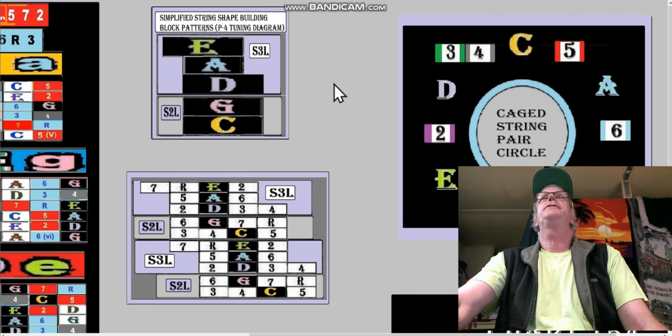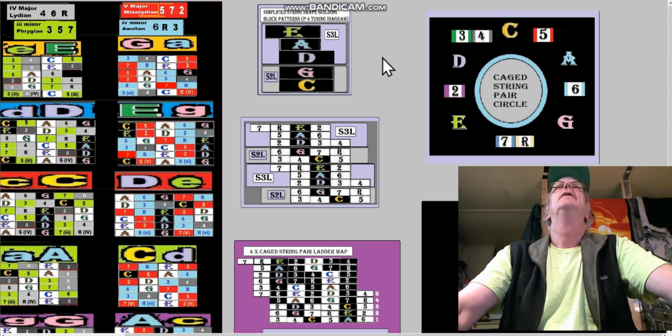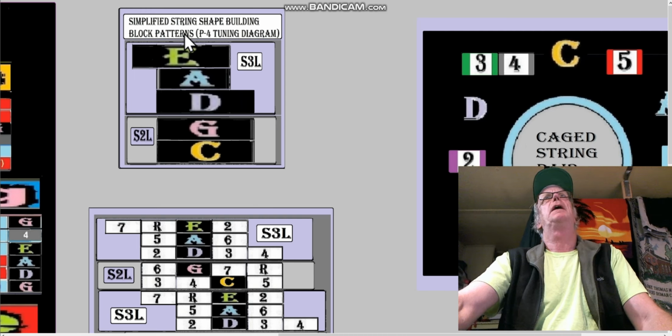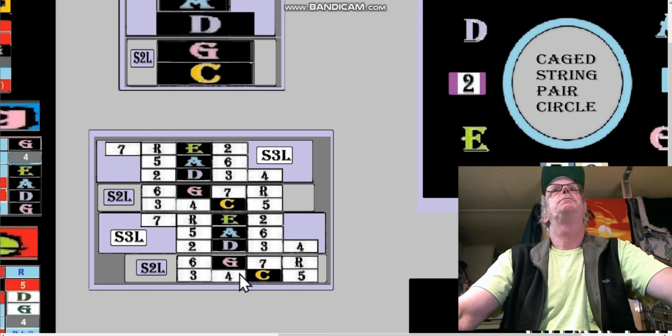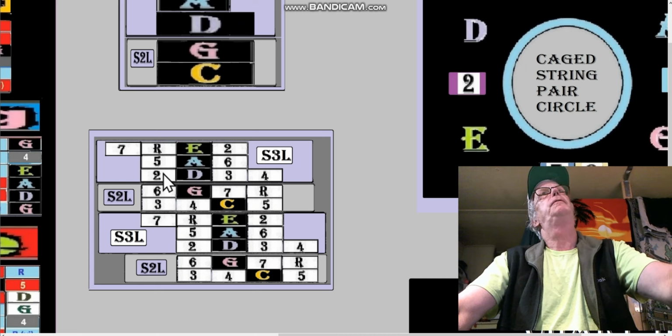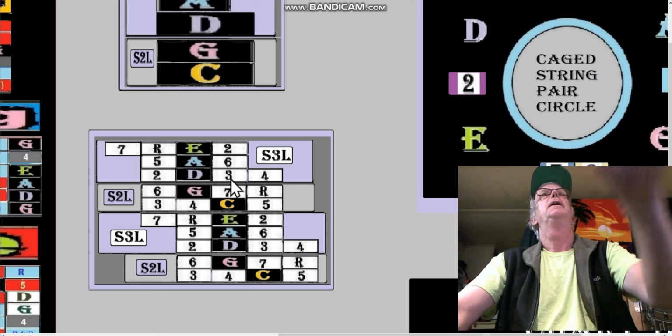Okay, so what I want to show you is the thing that I wanted to get to. This is the fun part. This is the simplified string shape building block patterns in P4 tuning. Everything in these patterns is P4 tuning. So you'll see root going to 4 here. Any interval you see going vertically is a P4: 2 going to 5, 2, 3, 4, 2, 3, 4, 5, 7 going to 3, 7, root, 2, 3, all P4 tuning.